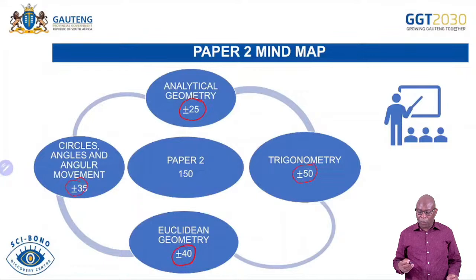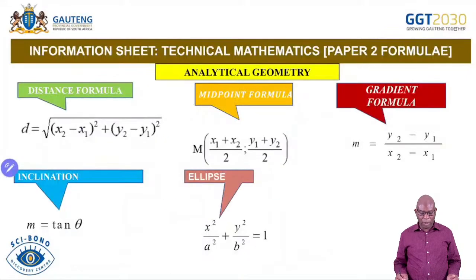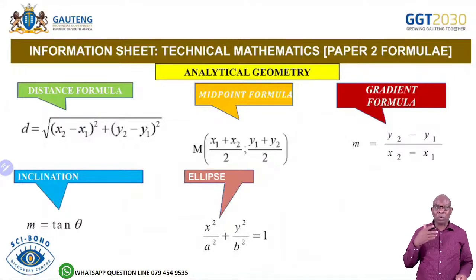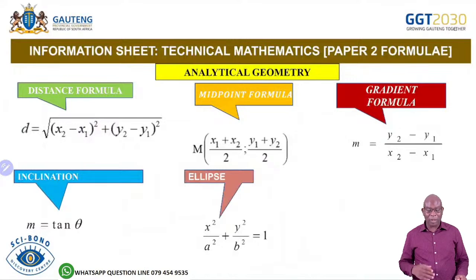Right. So now the first thing that I'm going to look at is the information sheet. Remember, at the end of your question paper there is an information sheet. In the information sheet, that's where you get all your formulae. So I've just cut out some of the formulae that we're going to use in analytical geometry. Remember, you need to read the question before you can choose the correct formula.